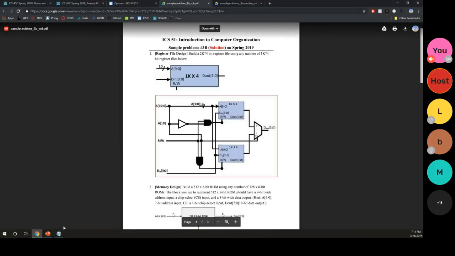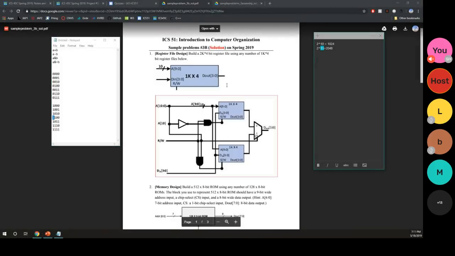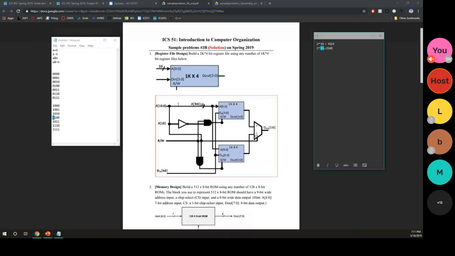Cool. So as we continue to go into it, we take out that most significant bit. All the other bits for the address go into the register file to choose which register inside. And then that most significant bit, if it is 0, we invert it, because we want to look at this first register file. So we invert it, so it's 1, and then we AND it with our read and write signal.